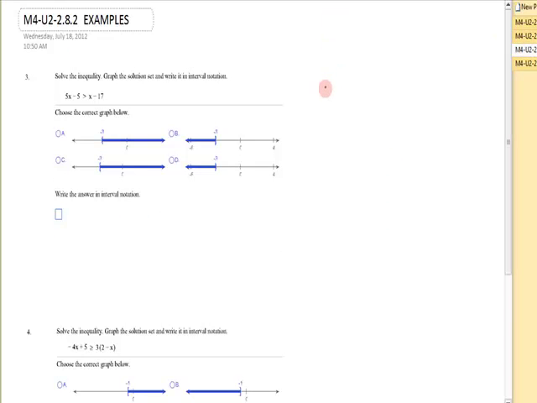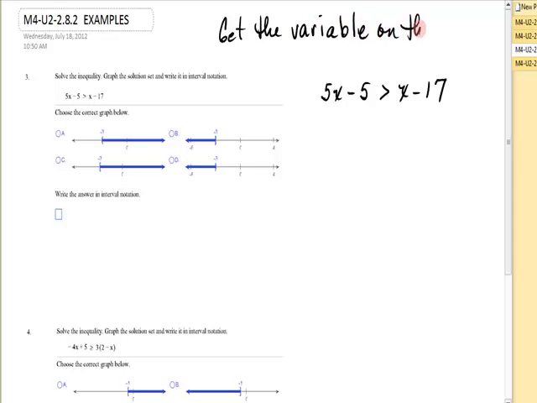Number 3. I have 5x minus 5 is greater than x minus 17. Something I haven't said, but I'm going to strongly encourage: with inequalities, get the variable on the left.